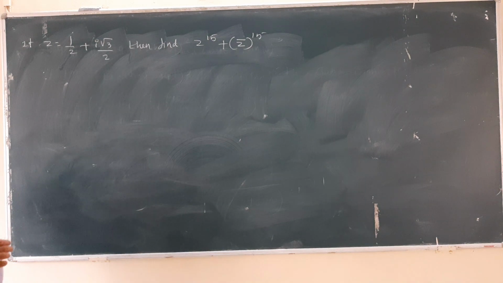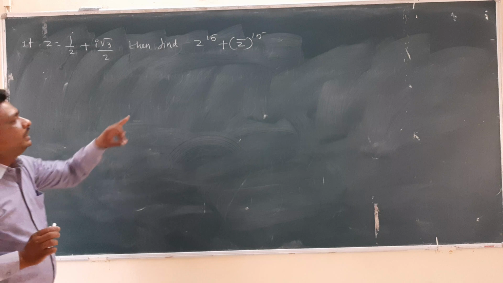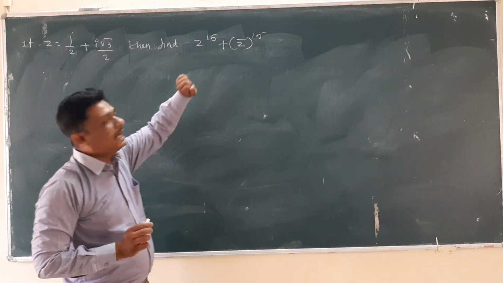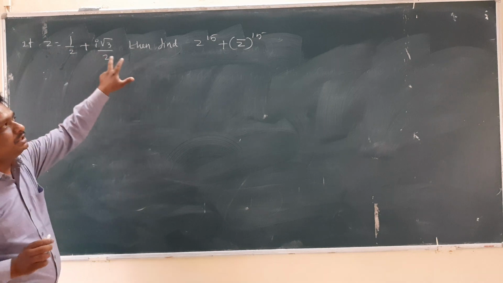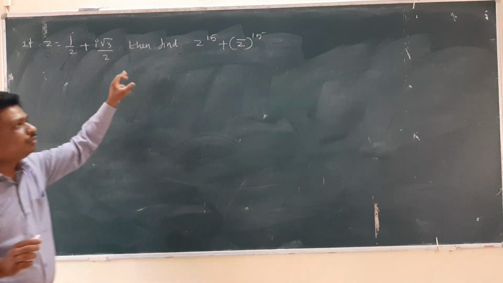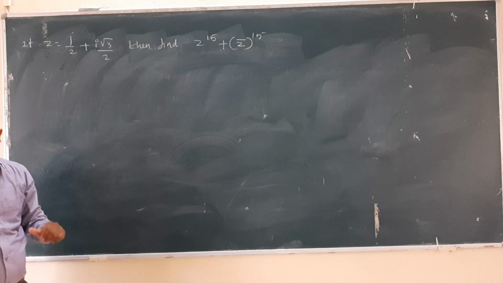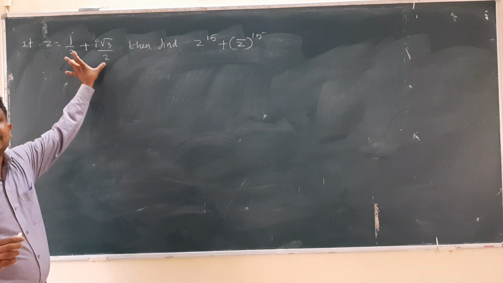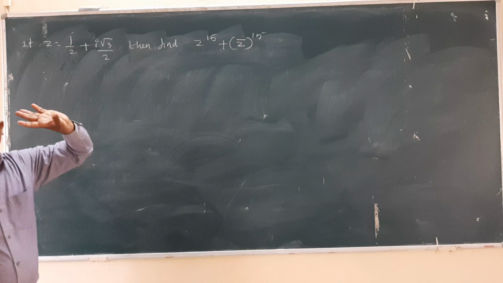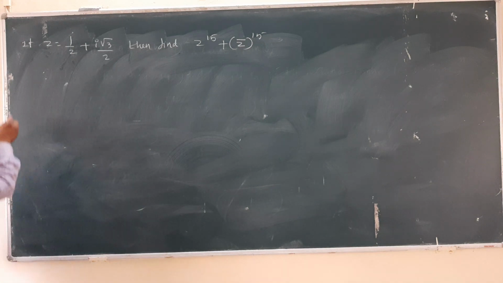If I take it directly, z to the 15 plus z bar to the 15, it will take more time to simplify this function. So for that, I will convert this function to polar form, then I will apply De Moivre's theorem.